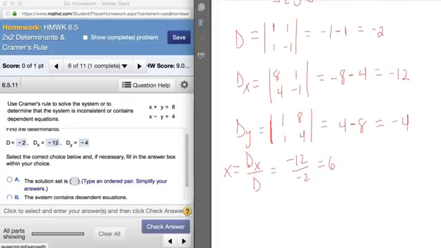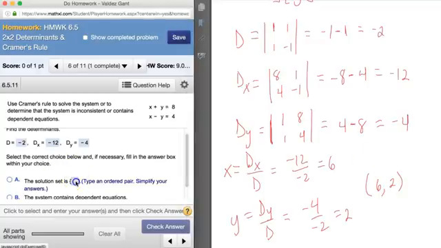And y would just be dy over d, which is negative 4 over negative 2, which is a positive 2. So our solution set is 6, 2, or those two lines intersect each other at the point 6, 2.